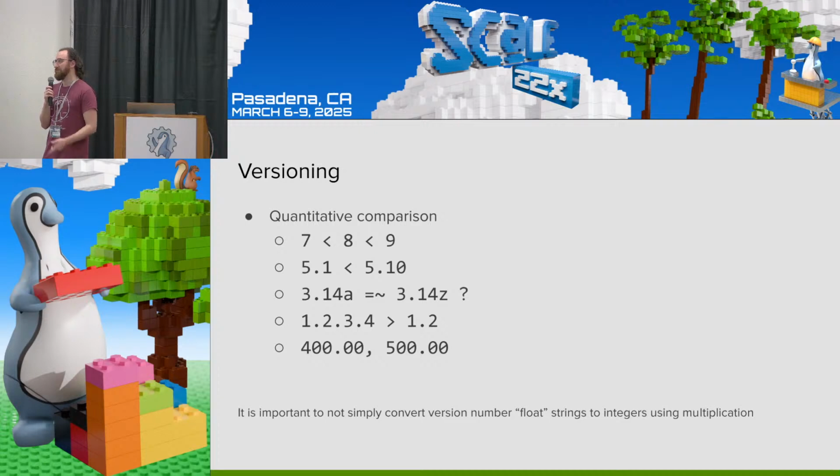But if you are writing your own version parser because you want to get the latest version, or the oldest version, or something along those lines, you might think, okay, I can just convert these version strings like floats using multiplication. Let me just multiply that by 10. Okay, so that's 51. Well, that also is 51, but that's not what I intended.